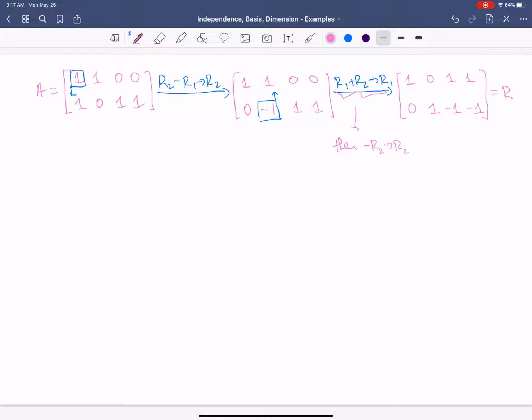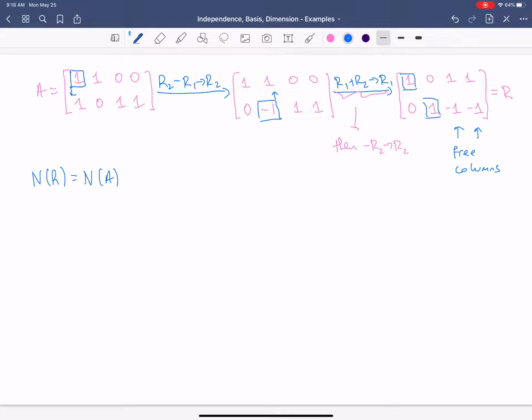So now I see that I have my two pivots, as was to be expected. And now the null space of R equals the null space of A, we know that. So the null space of R is the same as the null space of A. There are two free columns in R, and each free column gives us one vector which will go into the basis that we are trying to find.